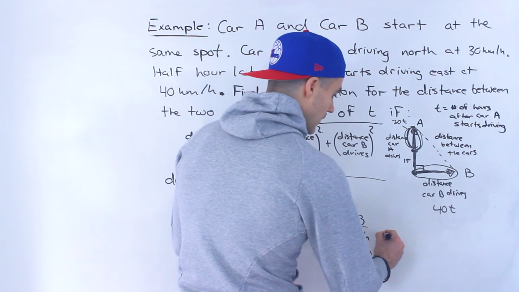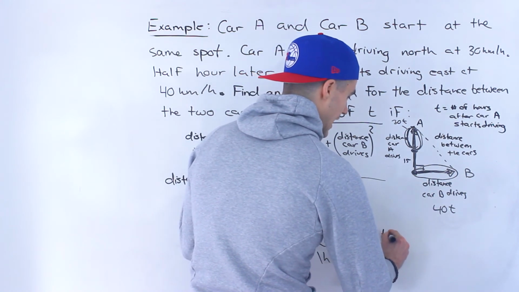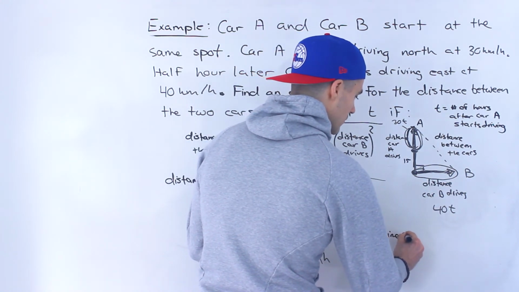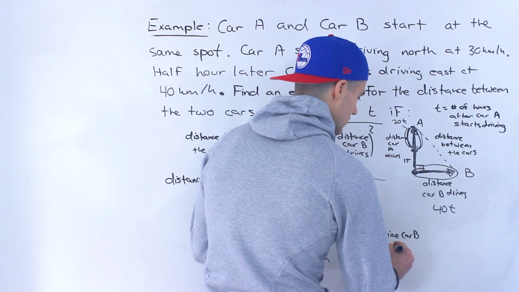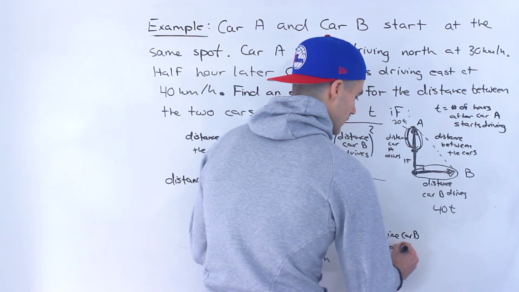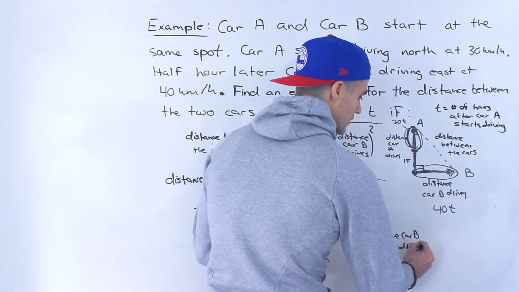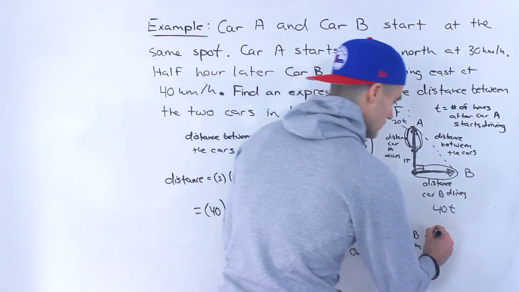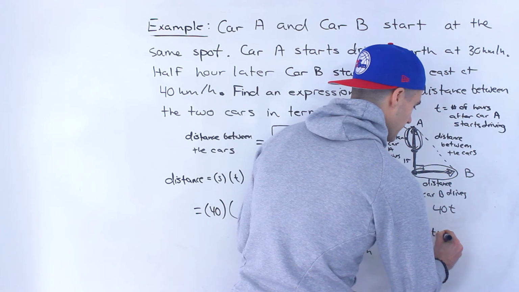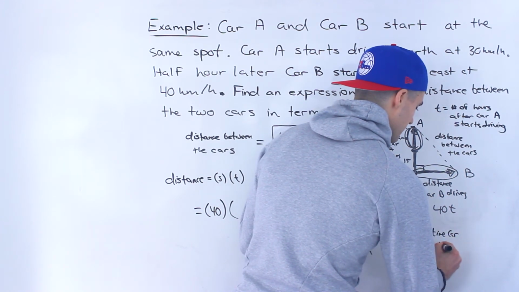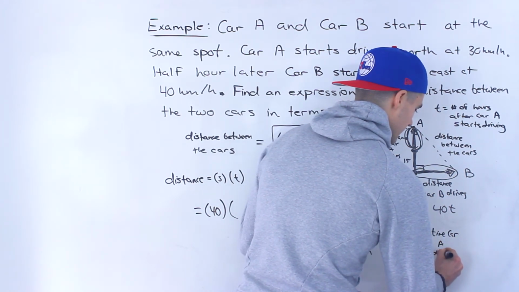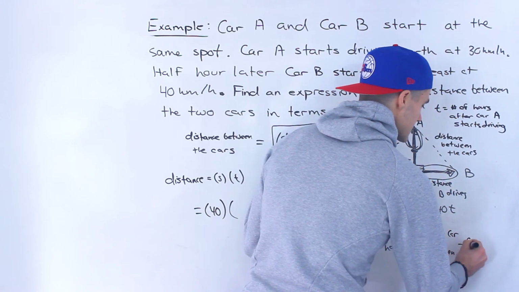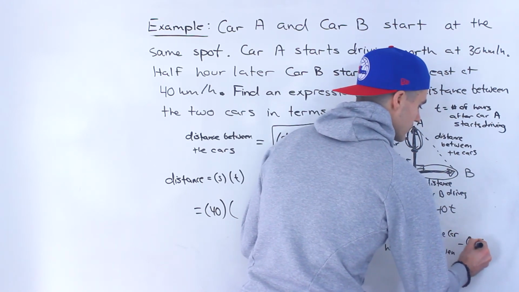So if you think about it, the number of hours car B has driven is always going to be the time car A has driven minus 0.5.